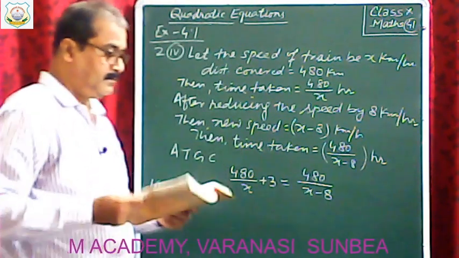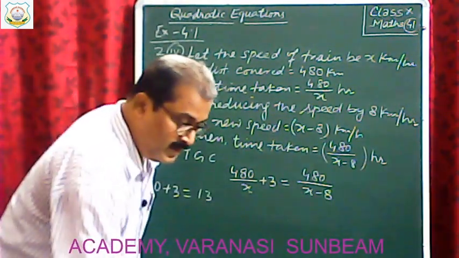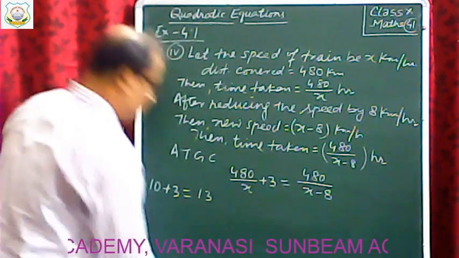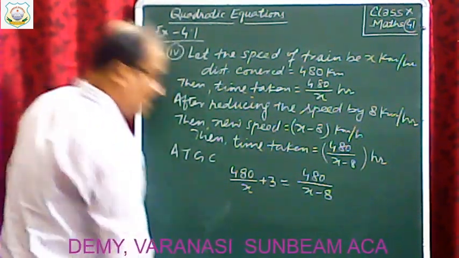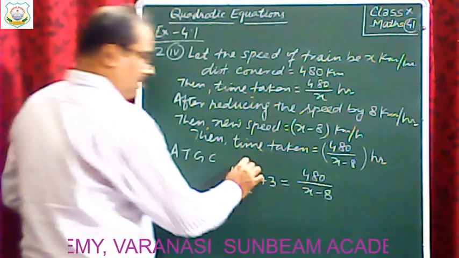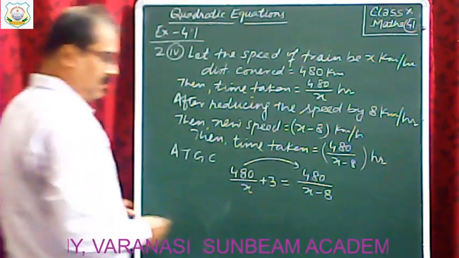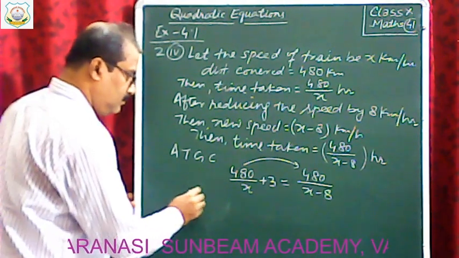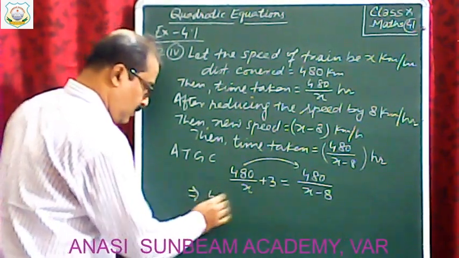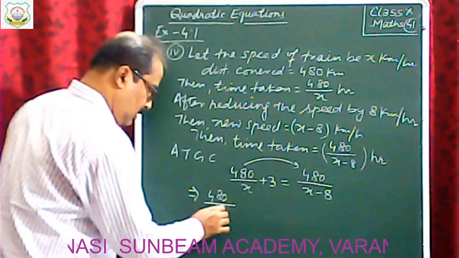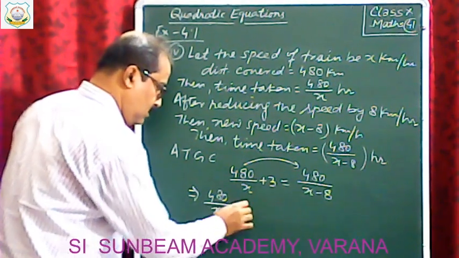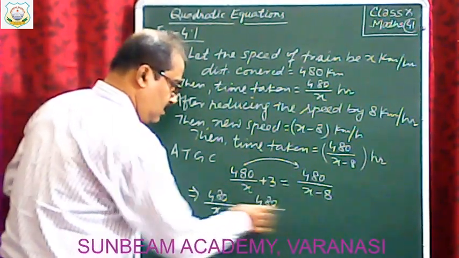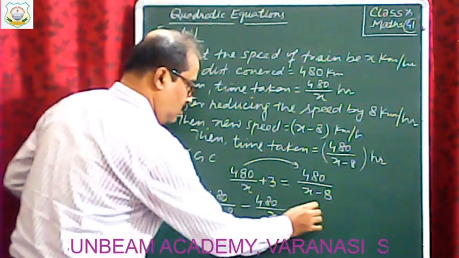Okay, now simplify and form the equation. Only you have to form the equation. We have to transpose 480 upon x from LHS to RHS. So 480 upon x minus 8 minus 480 upon x equal to 3.